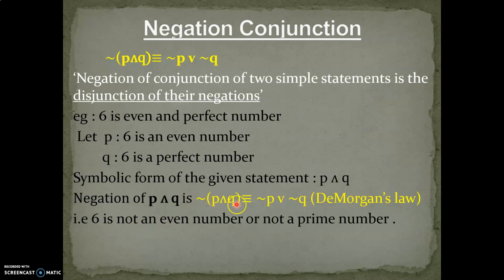So negation of P and Q is equivalent to negation of P or negation of Q. Now we will apply the negations of the given statements in this result. So 6 is not an even number. Then we will put or in between this. Then not a perfect number.